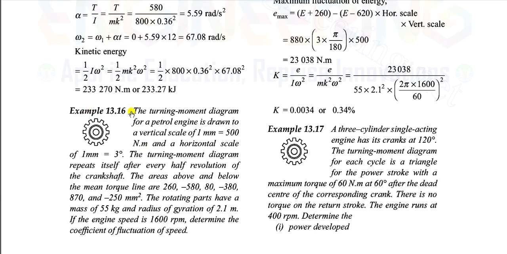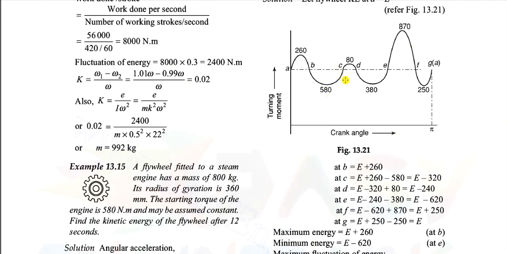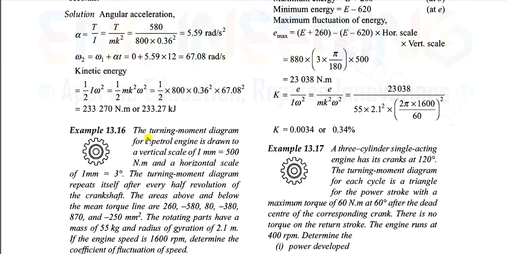I will cover this 13.16. It is a good problem, okay. We have covered this concept, but how to solve this problem we will see. The turning moment diagram of a petrol engine is drawn to a vertical scale of 1 mm equal to 500 Newton into meter.